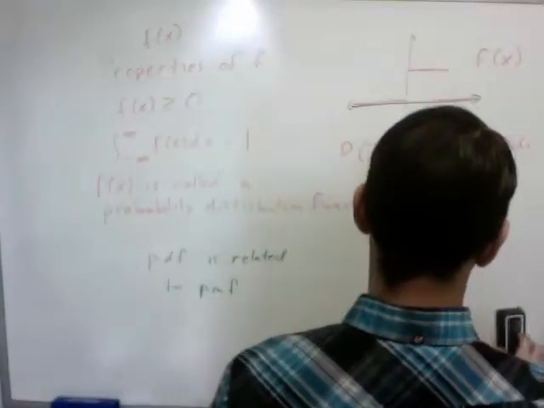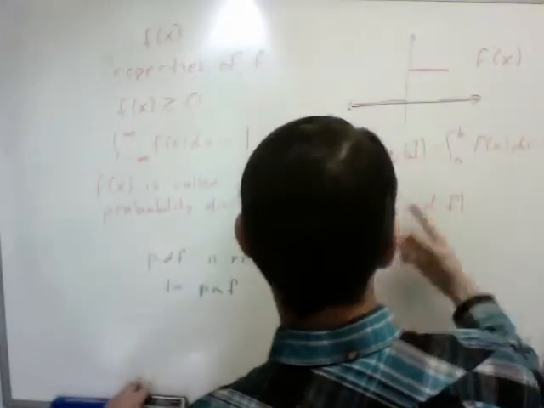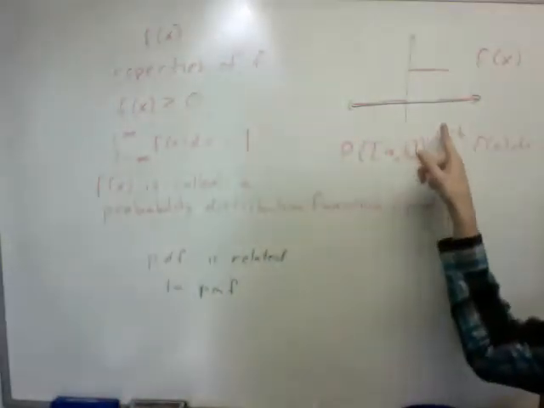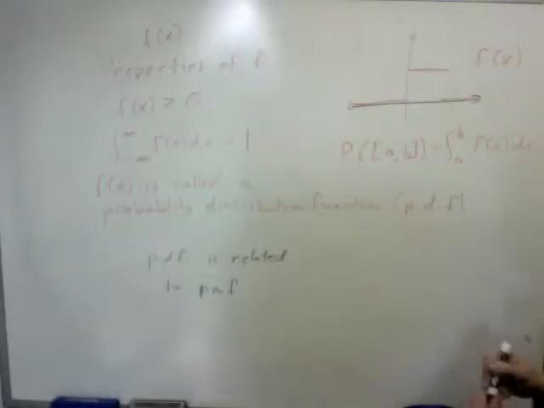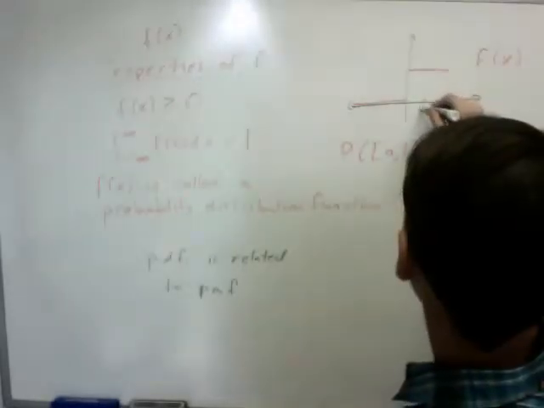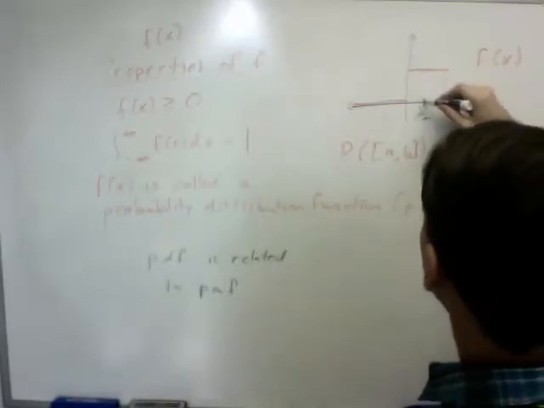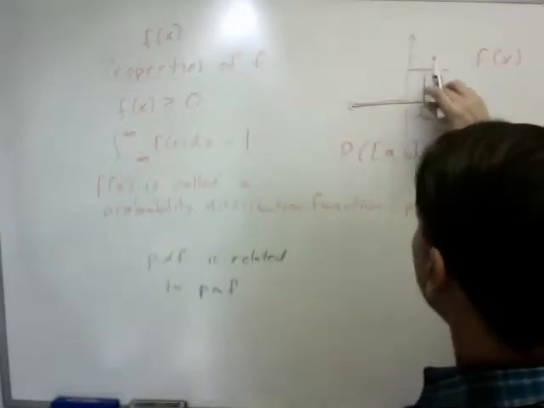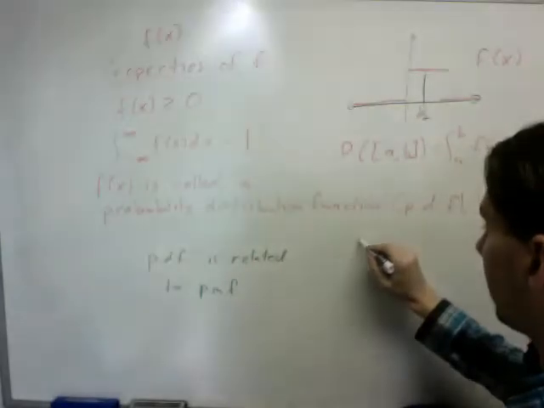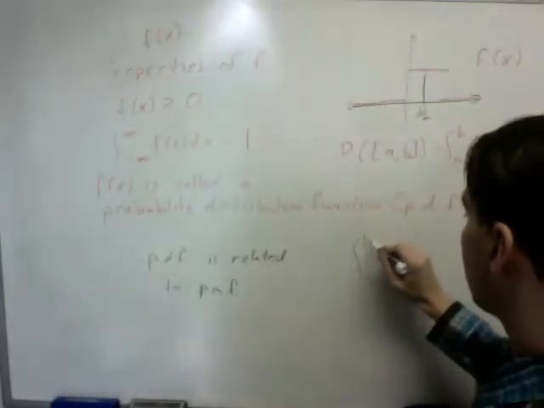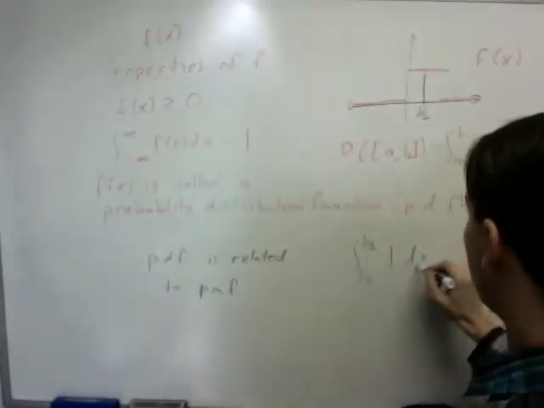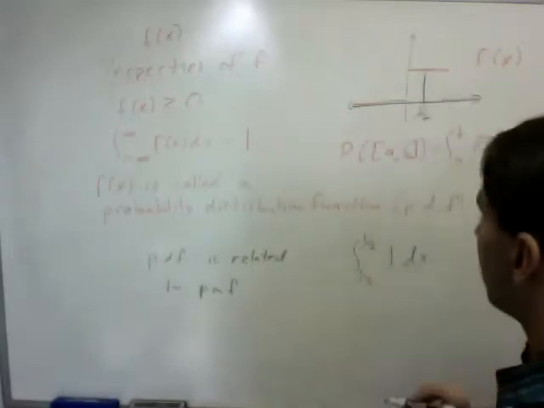One thing that's certainly different, let's just take this particular function for an example. What is the mass at the point 1/2? If we just want to look at 1/2 itself and figure out what the mass is at this scale, it's just this line here, the amount of area in that line, which is the integral from 1/2 to 1/2 of 1 dx, because f of x is 1 at this point.